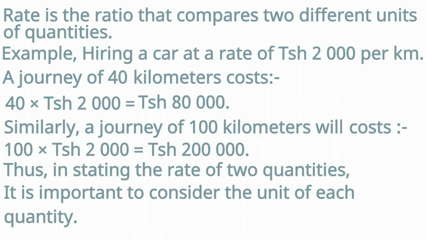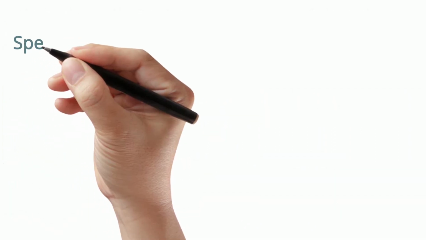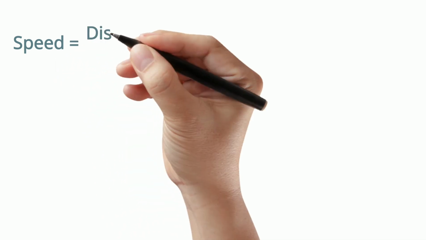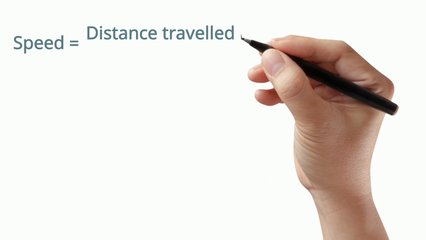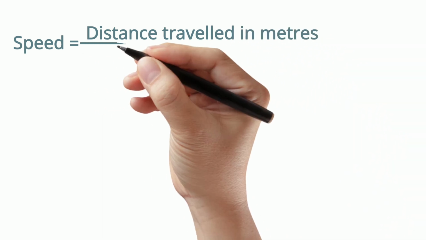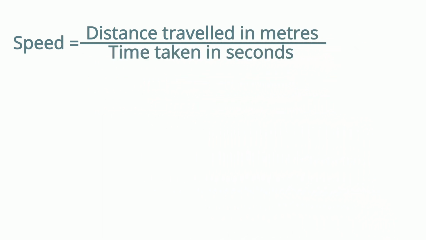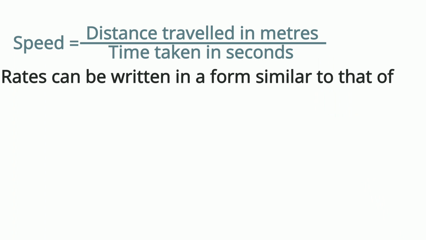Okay, let's talk about speed. We know that speed is equal to distance traveled in meters over time taken in seconds. So rates can be written in a form similar to that of ratios.